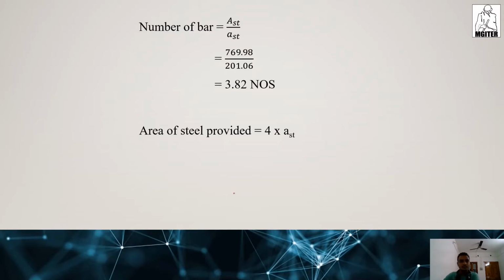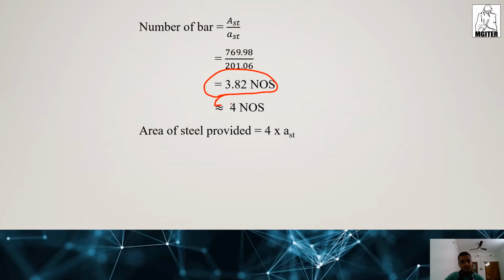How do we provide 3.82 numbers of bars in a cross section area? So we provide 4 numbers of bars. Always take a value more than this value. Do not take 3.82 and provide 3 numbers of bars. It's not correct. If your value is more than 3 point something, then we have to apply 4 numbers of bars.